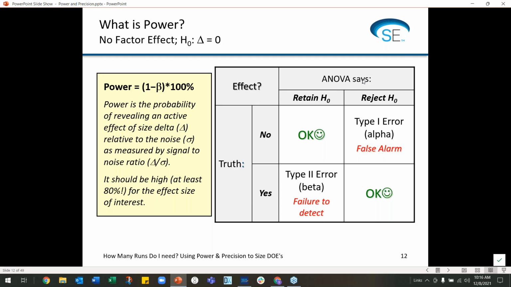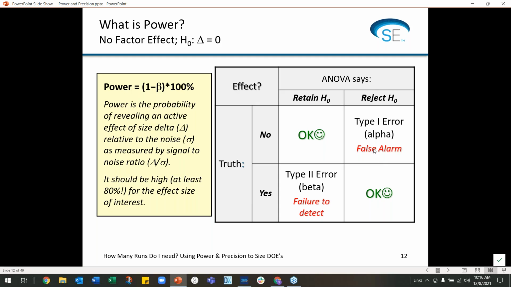And the ANOVA is either going to say, let's say, it says to reject the null hypothesis. There is something statistically significant. If that is the truth of the population, then that's great. That's exactly what we're looking to find.